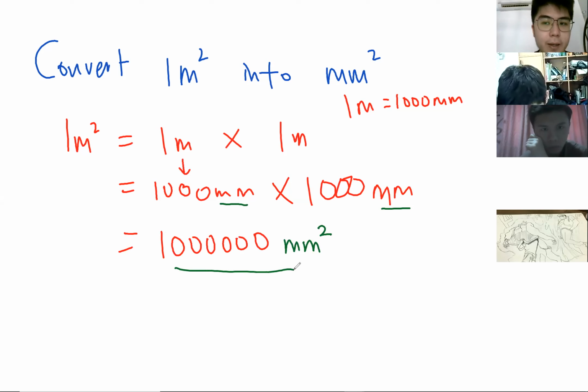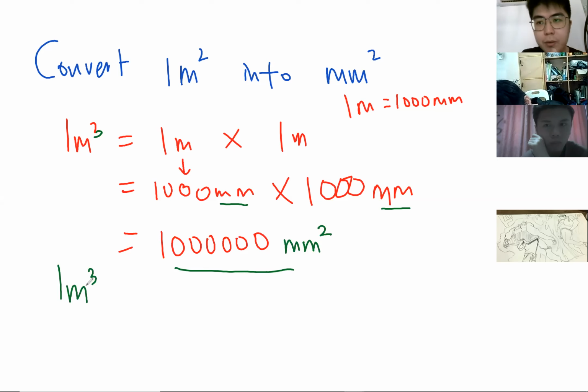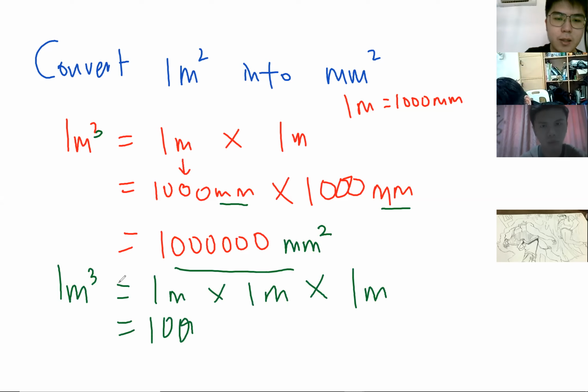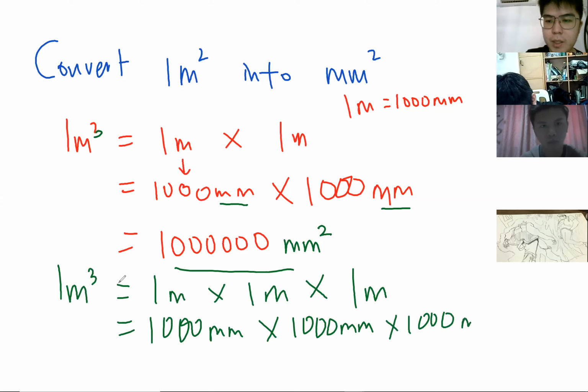So here's how we do it. If it's cube, what do you do? If it's cube, like 1 meter cube, it's the same thing. You just add another one. 1 meter cube is equal to 1 meter times 1 meter times 1 meter, which equals 1000 millimeter times 1000 millimeter times another 1000 millimeter.